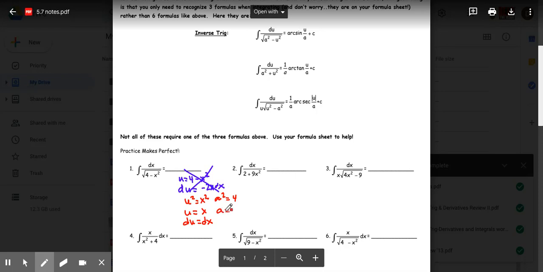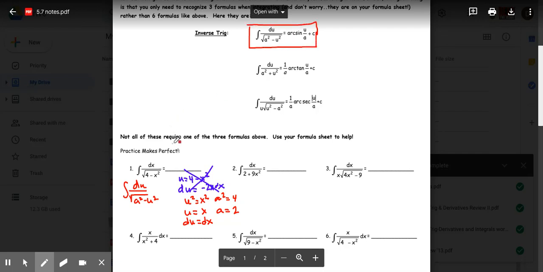And you're writing out what a is, which is 2. So you don't have to put anything in because your du is just dx, and you already have that. So the numerator becomes du. The denominator becomes root a squared minus u squared, which is this formula right up here.